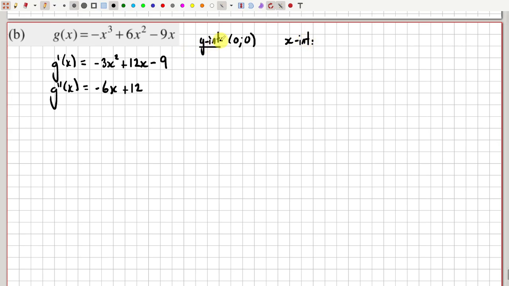Now remember, when you're calculating your x-intercepts, in this case, we can solve it like we normally would. So we've got 0 over there. I would divide straight through by a negative because we've got 0 on this side, to get rid of the negative. So we've got x to the power of 3 minus 6x to the power of 2 plus 9x. We take x out as a common factor, and we factorize.